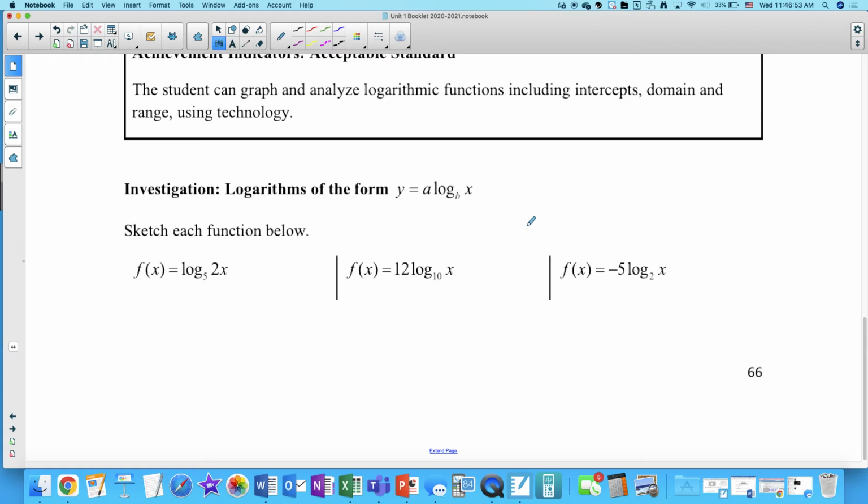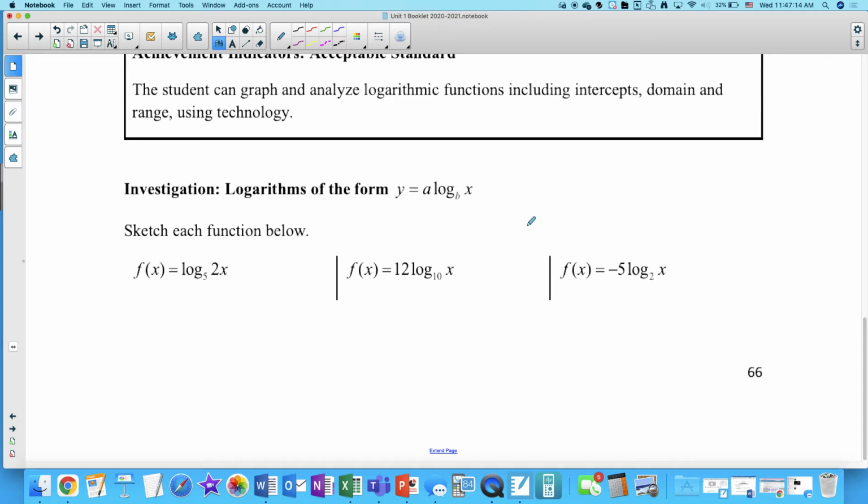One thing that you do have to consider if you are entering something into your calculator is that your calculator only uses base 10. So if you have a logarithmic function that does not have base 10, you have to use the change of base law to enter it in.